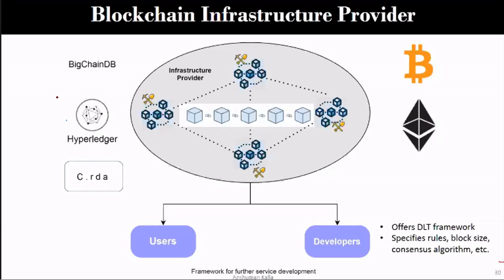The other interesting blockchain infrastructure provider is Hyperledger, which initially started as a project by the Linux Foundation and has been joined by so many other companies like IBM, Intel, Cisco, and many more, right?